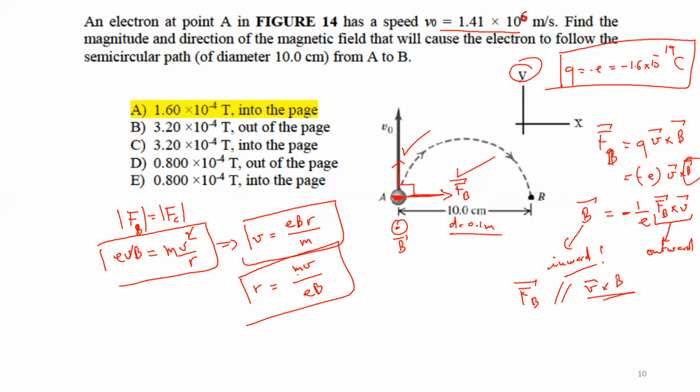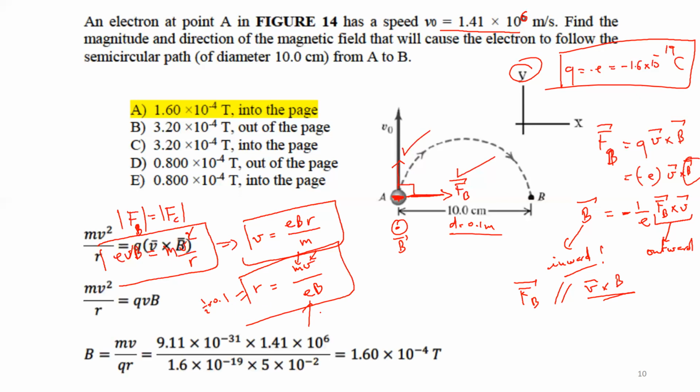So here I know the radius. Of course, the radius is just half the diameter, basically half of 0.1. And I know everything. I know the mass of the electron, I know the velocity in magnitude, I know the charge. So my only unknown is the magnetic field.